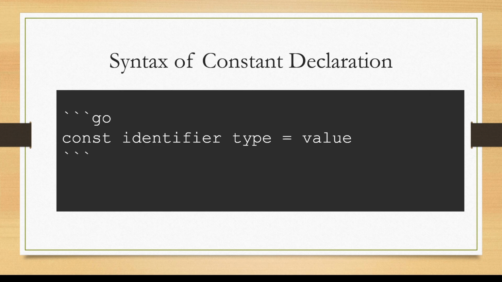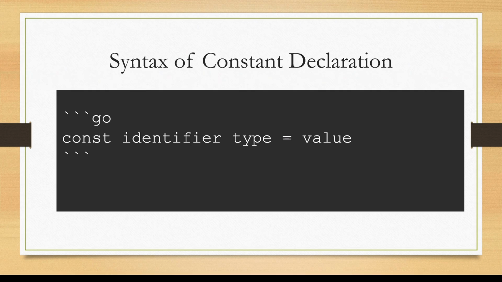And finally the value, that's the fixed value you want to assign. For example, const pi float64 = 3.14. So the full line basically means: create a constant called pi, which is a float64 and its value is 3.14.